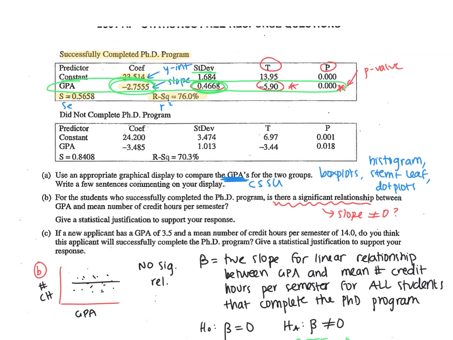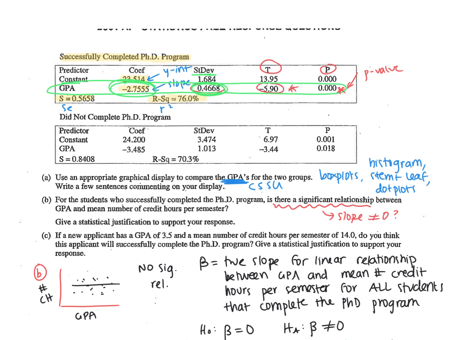Okay, so if we look at these two models, each model is looking to input GPA to predict the other variable. So if we input GPA, can we predict number of credit hours for those who did not complete the program? If we input GPA, can we predict mean number of credit hours for those who did complete the program?